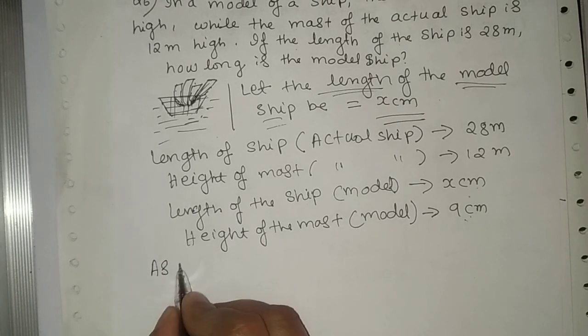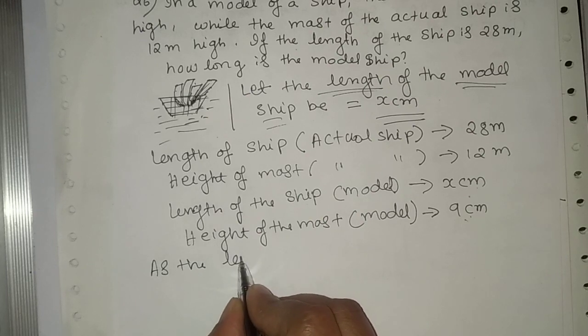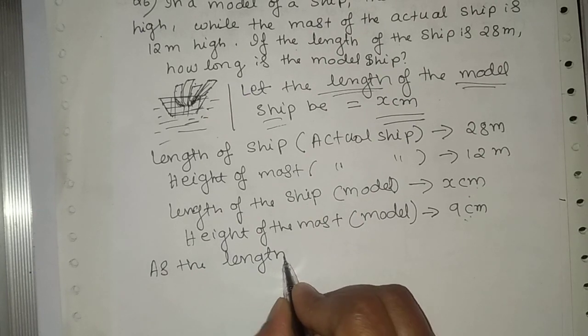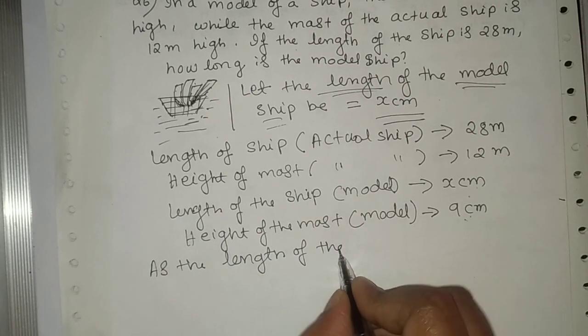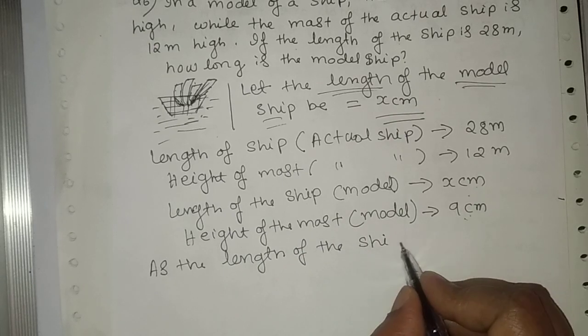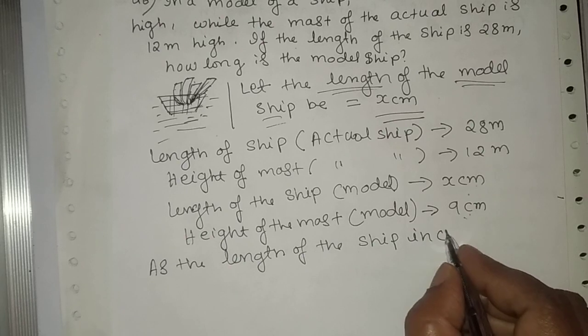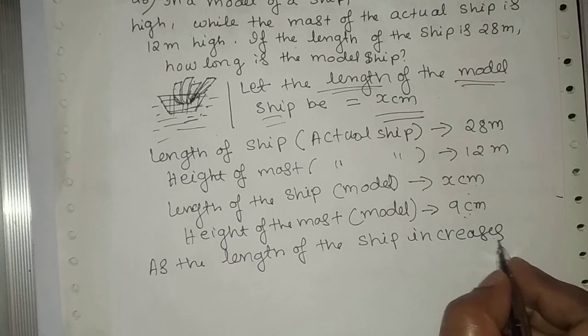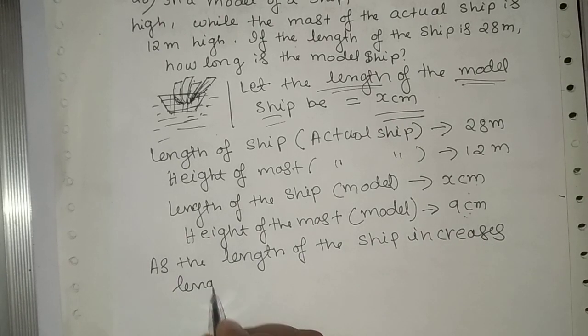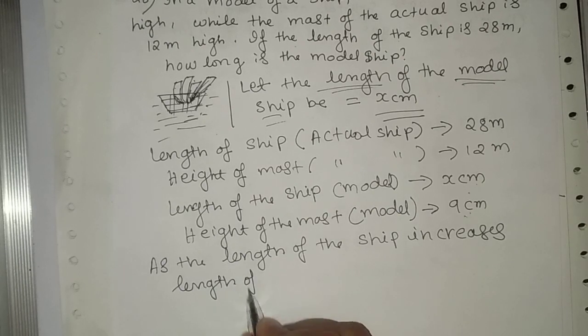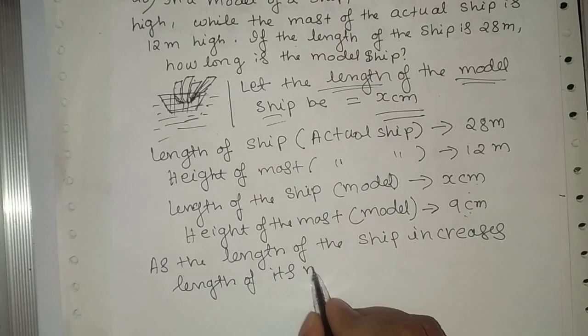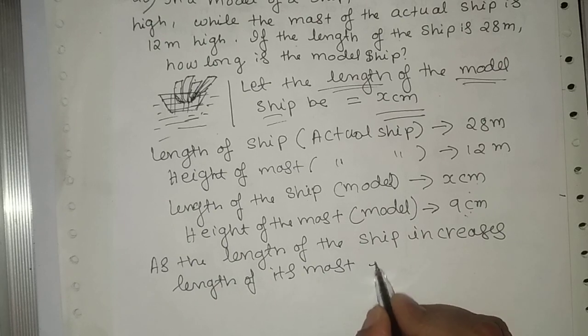So as we know, as the length of the ship increases, what happens? The mast also increases. Length of the ship increases, length of its mast increases.